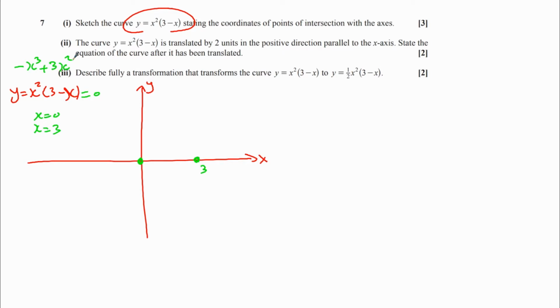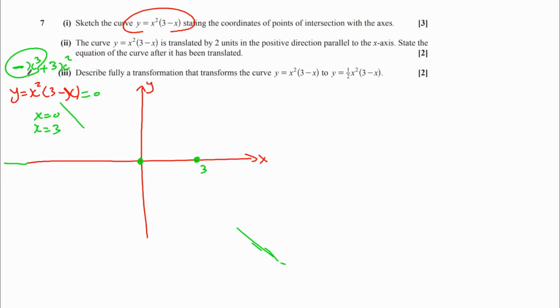Because of this minus x cubed, we should have a starting point and an ending point in here. Because when x is positive infinite, our y is negative infinite. When x is negative infinite on this side, our y is positive infinite because of this minus sign in here.